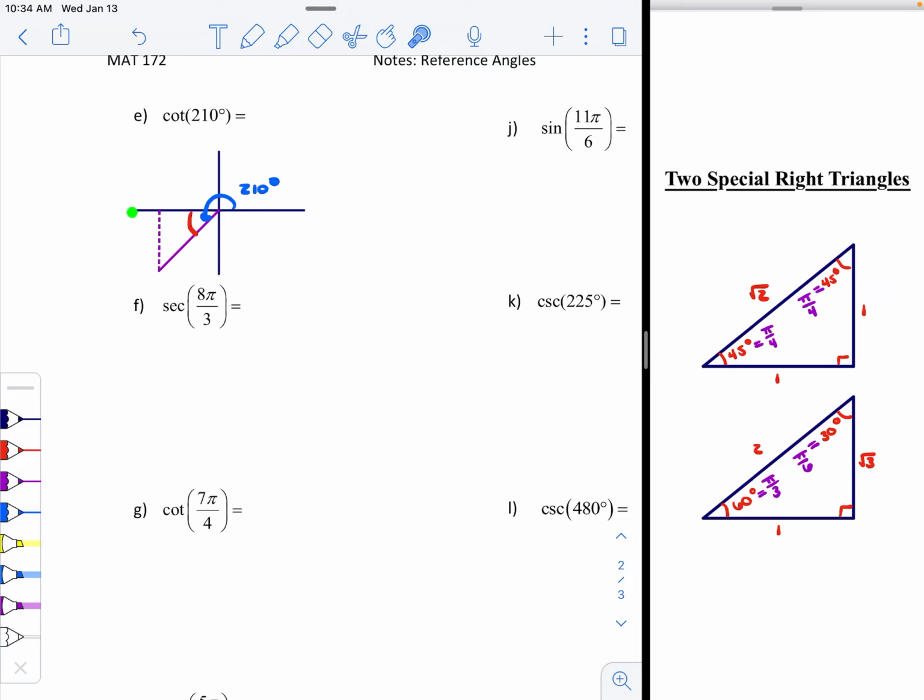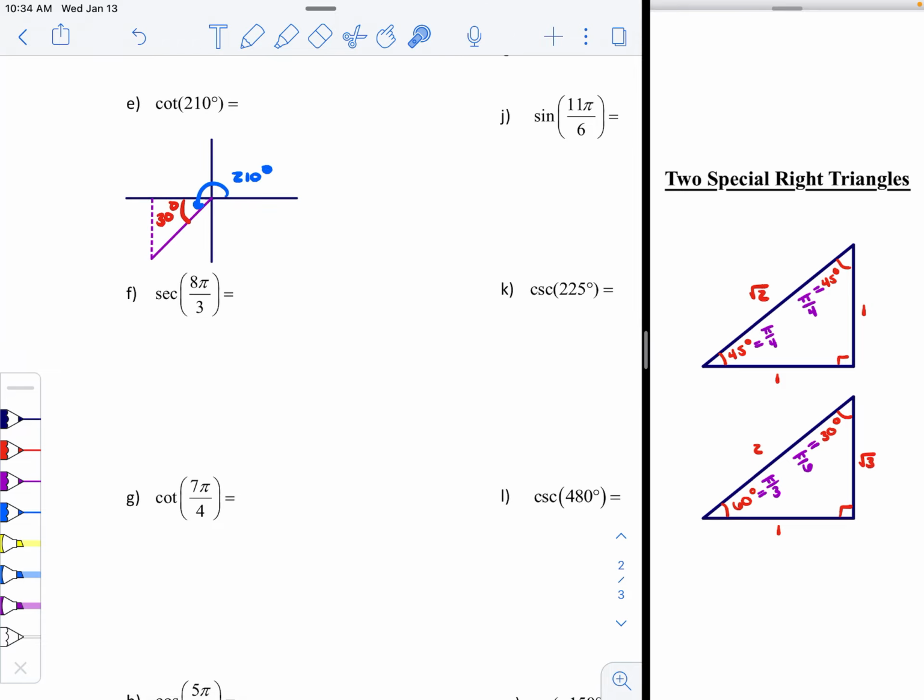We're trying to think how much we've gone past the x-axis, because we went to 180 and then a little bit extra to get down here into quadrant 3. Since the x-axis is 180 degrees, we want the difference between 210 and 180. So 210 minus 180 leaves us with 30 degrees, which means our reference angle is 30.